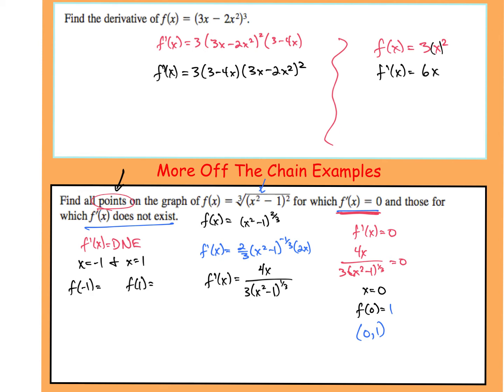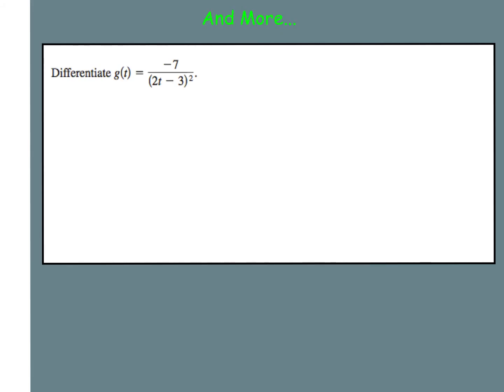Well, what is f of -1? 0. And what's f of 1? 0. So my points are (-1, 0) and (1, 0). All right? And so that is where f prime wouldn't exist. They would be sharp turns. Yes. All right. Good.